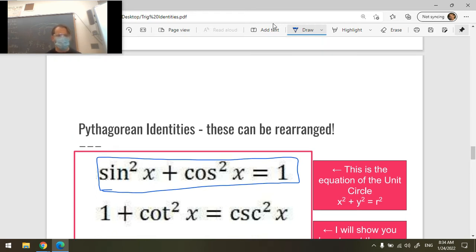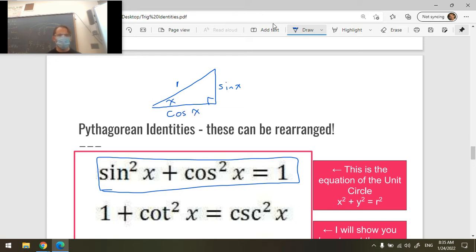Well, let's take a look at an example with a triangle here. So here's a triangle. I'm going to claim that this is an angle x, this is a hypotenuse of 1, and this is a right angle. So in this case, this is the opposite side. So the opposite over 1 would be equal to sine x. So this side is just sine x. And then this would be cosine, because this is the adjacent. So this side is given by cosine of x.